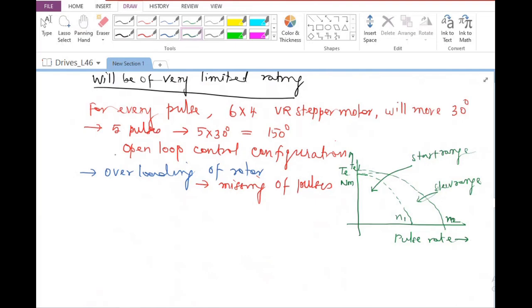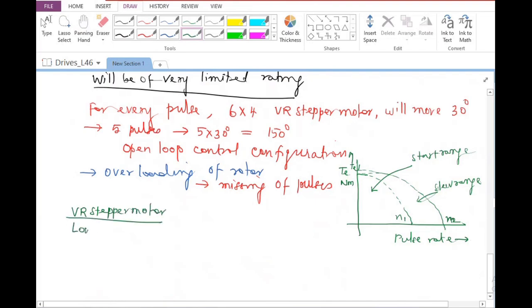So in general, a variable reluctance stepper motor, especially with a single stack, is used only for low power applications, where I want really very, very precise movement, very small steps and precise movement. It can be done very well by a variable reluctance single stack stepper motor.